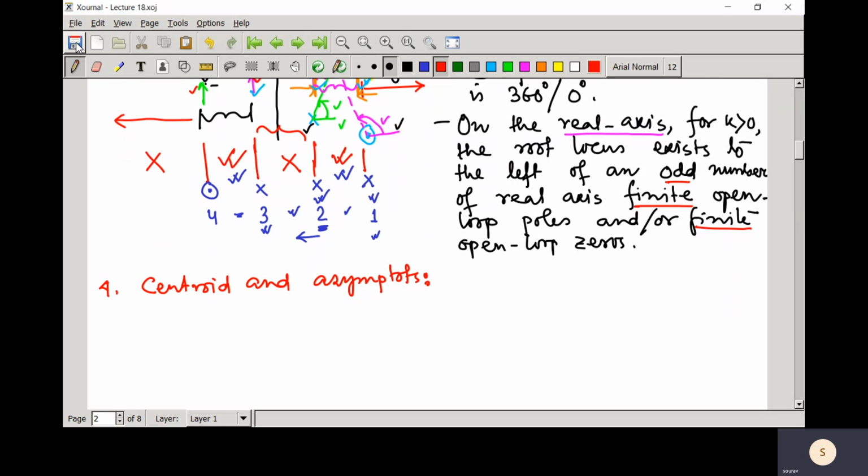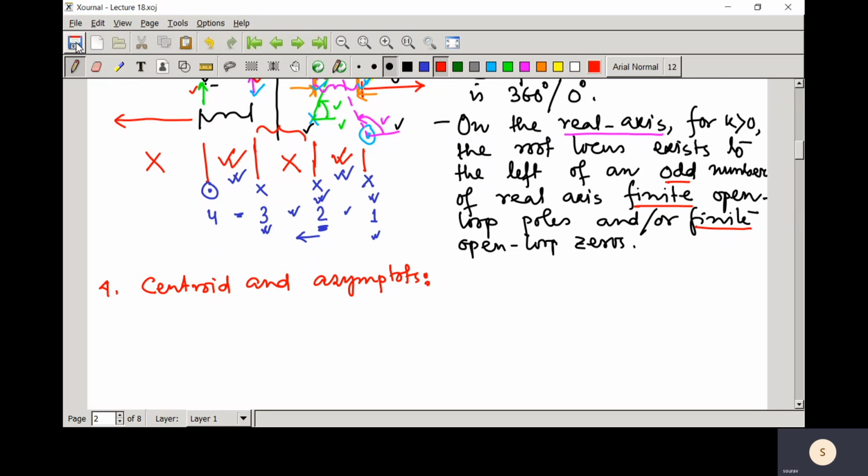So here, if you have some open loop zeros, which are infinite zeros, so in that case, this is one of the rules of root locus. That means when k tends to infinity, the root locus approaches straight line as asymptotes.